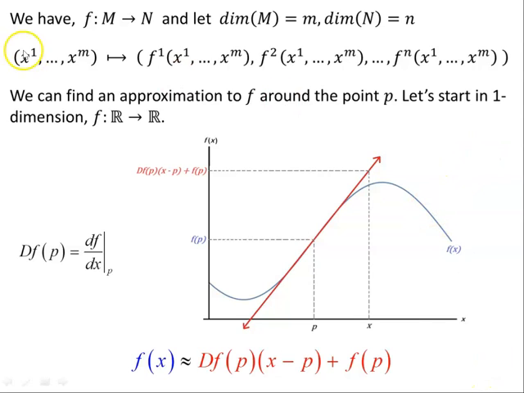So, all right, let's just start talking general terms. So we have F as a map from M to N, and we let the dimension of M be m and the dimension of N be n. They don't have to be the same. They don't have to both be m or both be n. They can be different. So we have the coordinates on M, x1 all the way up to xm, depending on the dimension m, all right?